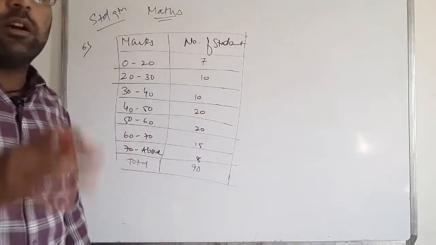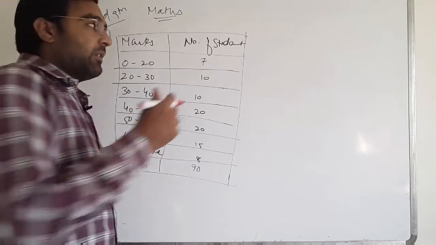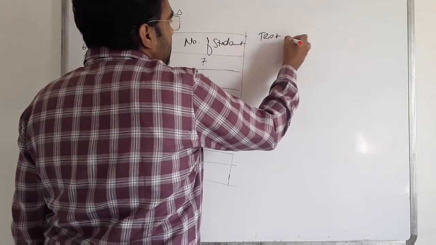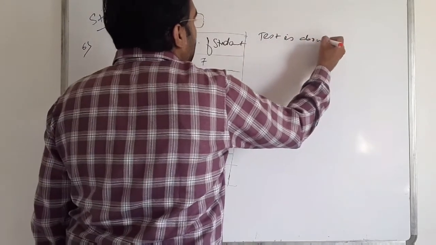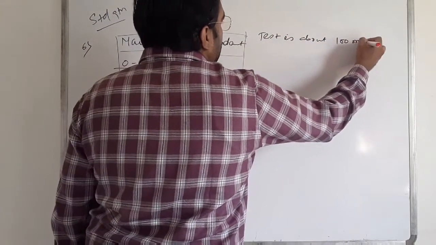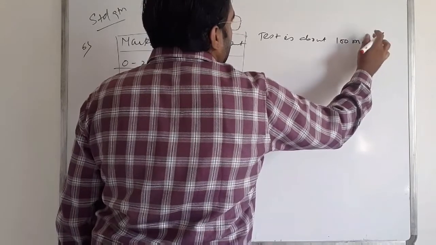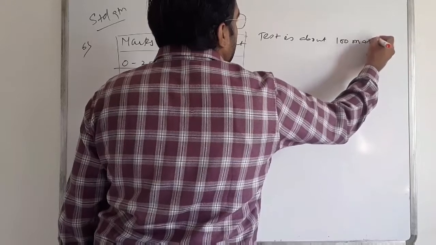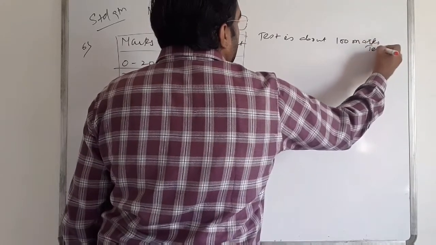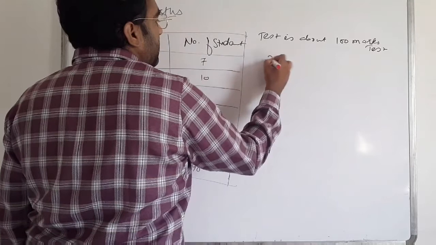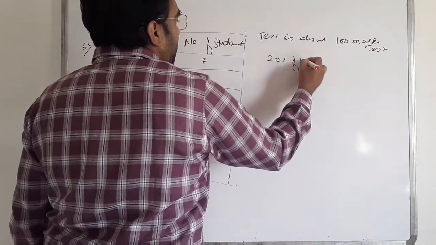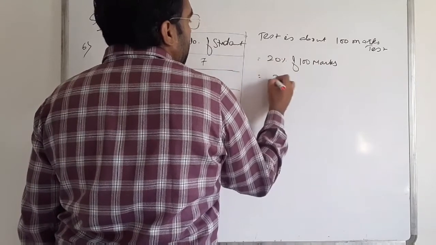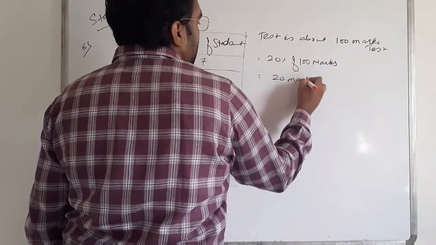The test is out of 100 marks, so 20% of 100 marks is 20 marks.